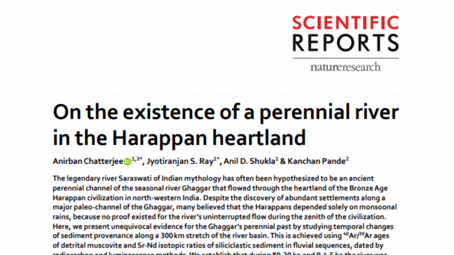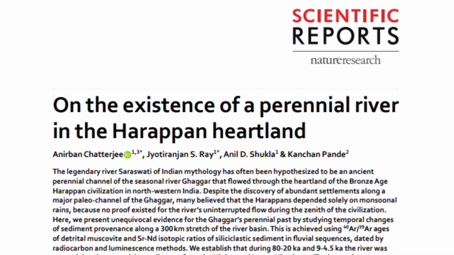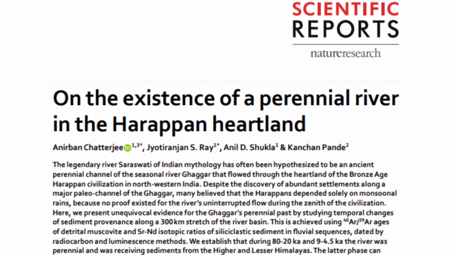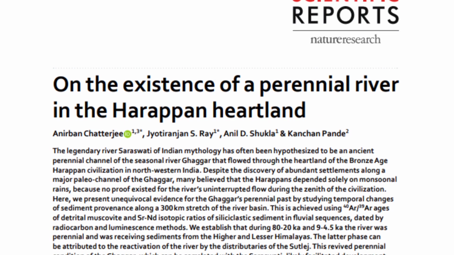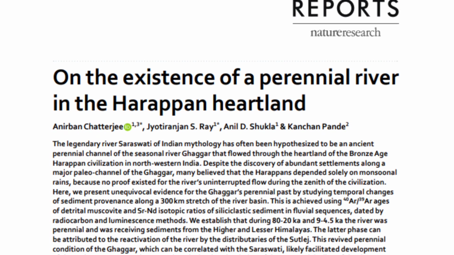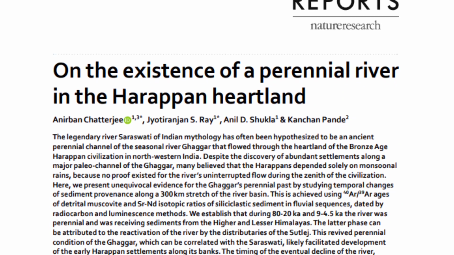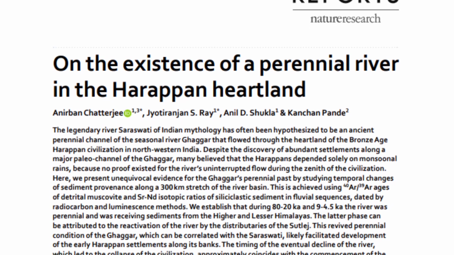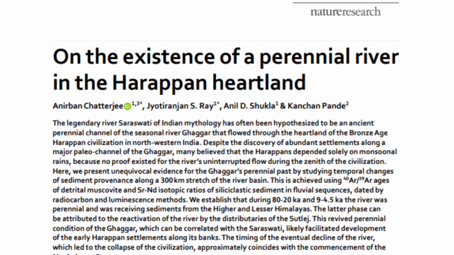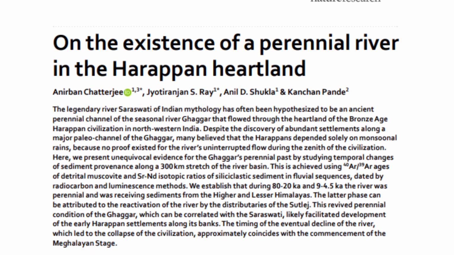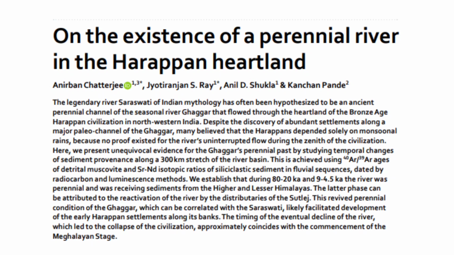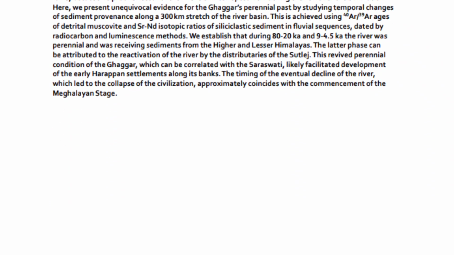Actually, let me tell you one thing, that this grey micaceous sand has long been identified in geology as originating in the higher Himalayas, as it is not present in the Sivaliks. It thus points to a glacial source of Saraswati, which several studies in the past considered must have stopped by 6000 BCE at the latest.